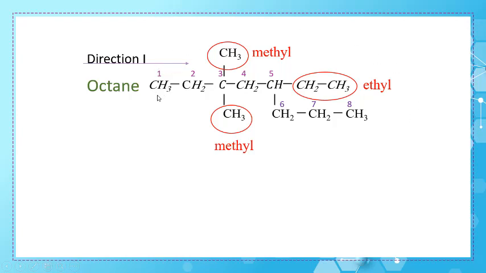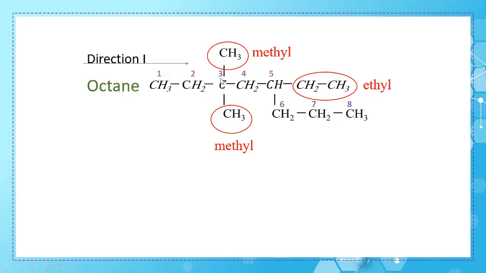Look, first of all, we have to start by naming ethyl because E comes before the letter M in the alphabetical order. So the position of ethyl is on carbon 5. We say 5-ethyl-3,3 because we have to give a number for each methyl group and each one is attached to carbon number 3.